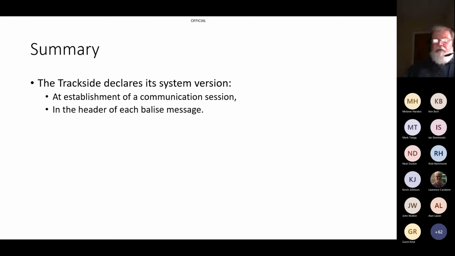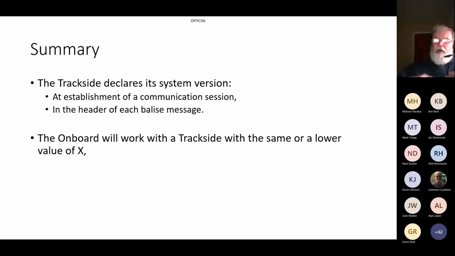The trackside declares its system version, and it can do that in two ways: at the establishment of the session or in the header of each of the Balise messages. And the onboard has the task of working out how to translate the information. It needs to work out whether it is compatible in the first instance.